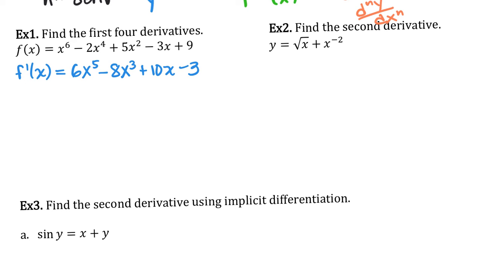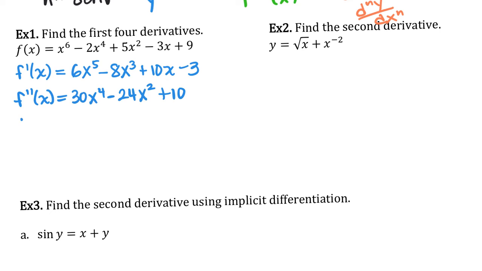Okay, now I want to find the second derivative. Okay, so I'm going to take the derivative of f prime of x, and that'll give me f double prime of x. Okay, so I'm going to bring down the 5, 30x to the fourth, minus 24x to the second, plus 10. And you can see it's going down a degree each time.